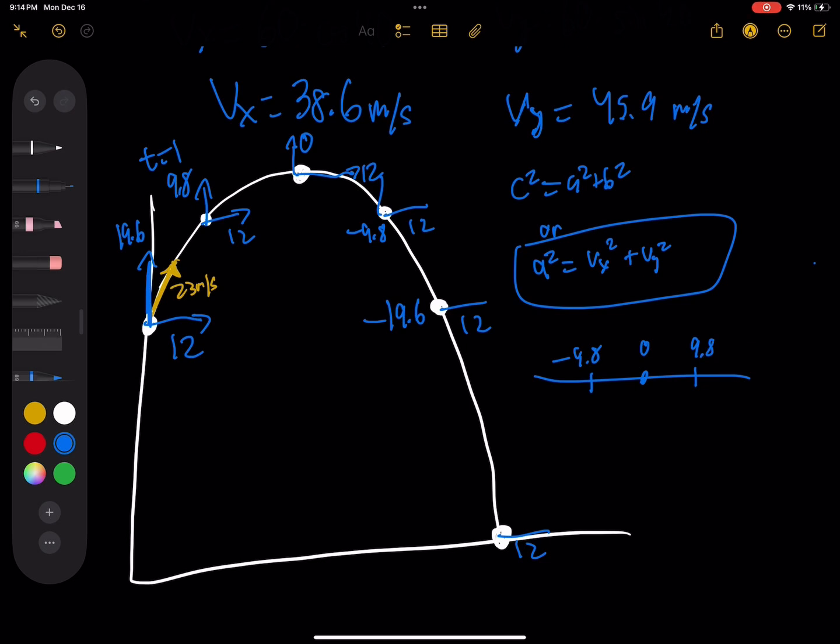So you're going this way. And then down here, it would be like 29.4 if it was like t equals 3 or something like that.